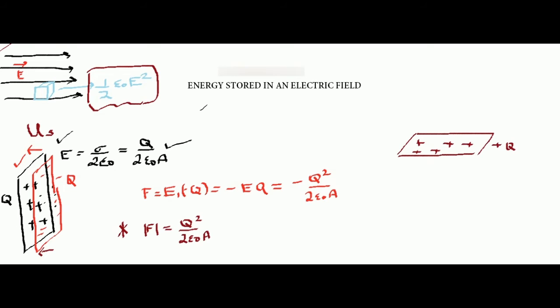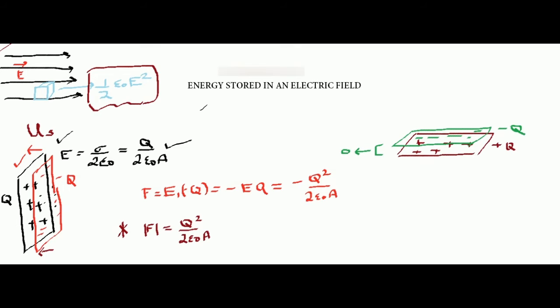Now consider another sheet very near, so that the distance between the two sheets is approximately 0, and the second sheet carries a negative charge minus q. Imagine when I started with these two sheets, the distance between them is approximately 0.